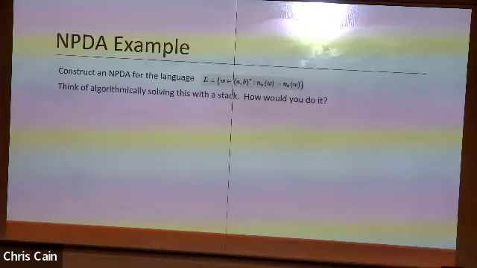What becomes difficult is what happens if at any point we've seen more B's than A's. How do we handle that?